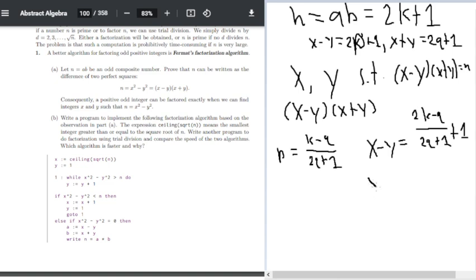And we have that x plus y is equal to 2q plus 1, right? Because we don't have to have a separate expression.